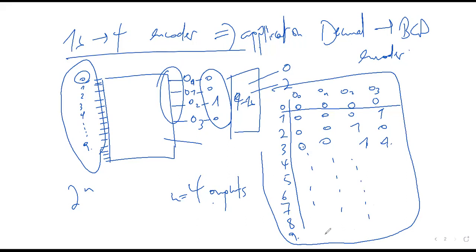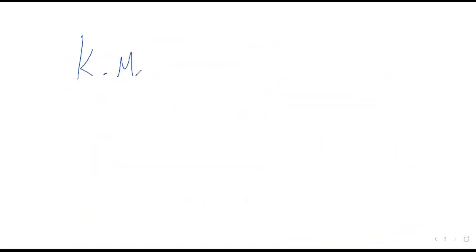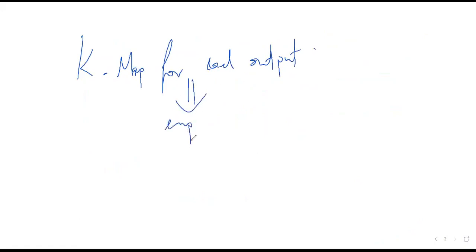What is my truth table going to look like? I identify these ones, these ones, these ones, these ones. Easiest way is drawing a K-map for each output. With the K-map, we can then go and find the expressions. I will leave that for you.